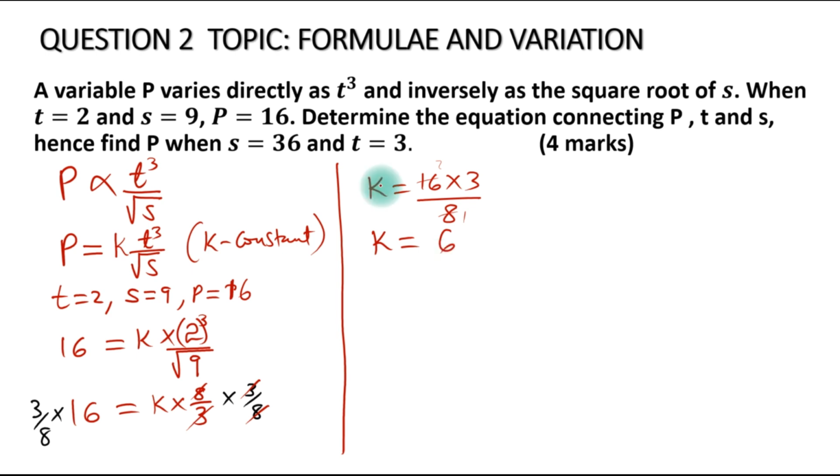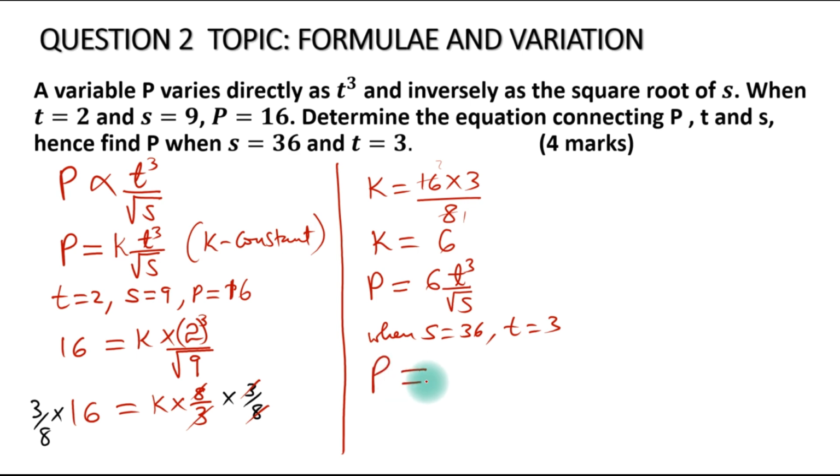So the equation connecting p, t and s now will be given as p is equal to 6 t cubed all over root s. The other condition given is that we find the value of p when s is 36 and t is 3.